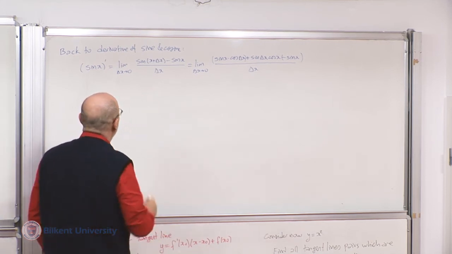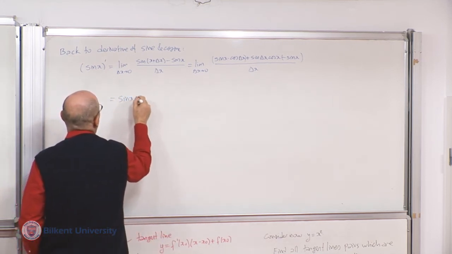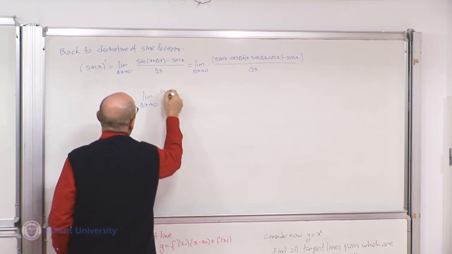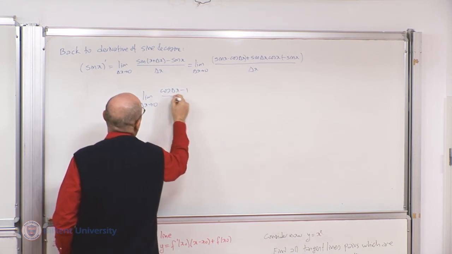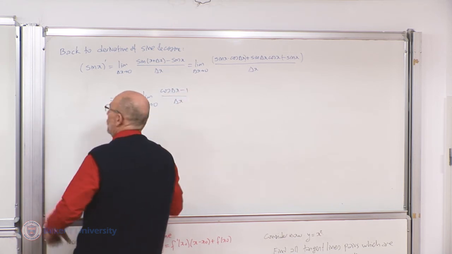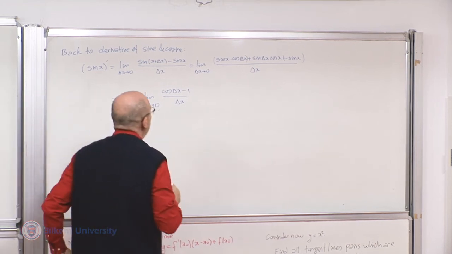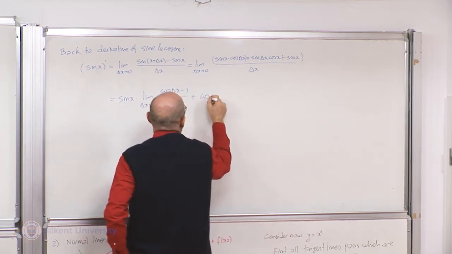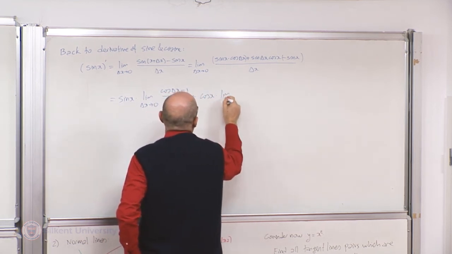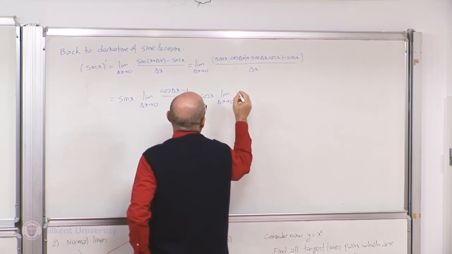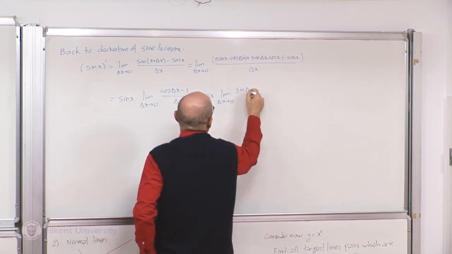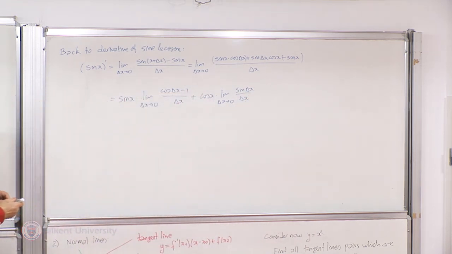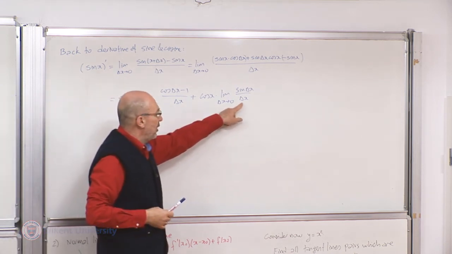Sine x is constant, so I take it out: sine x times the limit as delta x goes to 0 of cosine delta x minus 1 over delta x. I know this limit is going to be 0. Plus, cosine x is constant, so I take it out: cosine x times the limit as delta x goes to 0 of sine delta x over delta x. I know that this limit is 1.